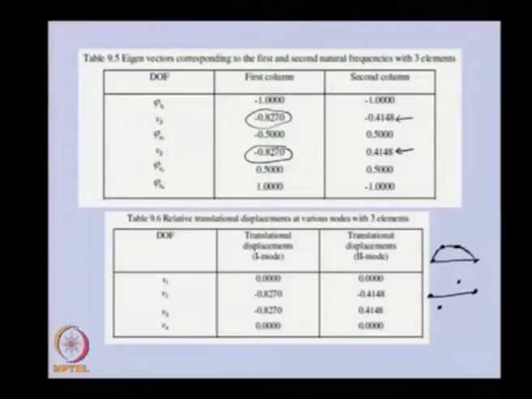In between we will be predicting using the shape function. So we expect the mode shape like this, but for plotting the mode shape it will be better if we take more elements and get more intermediate points. Just for illustration purposes, here I have shown with 3 elements how to pick up these eigenvector variables for translational displacement for mode 1 and mode 2.